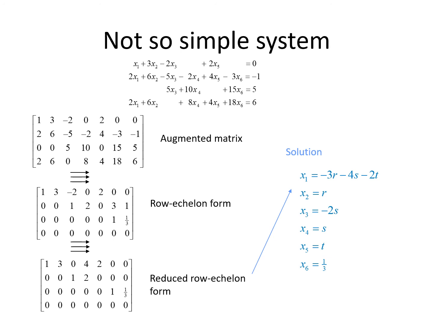In that way, we find the values of the 6 variables. But since the values of x2, x4 and x5 can be infinite values, if you plug these values in place of x1, x3 and x6, we obtain infinite values. Therefore, we say that the solution is known as infinitely many solutions.